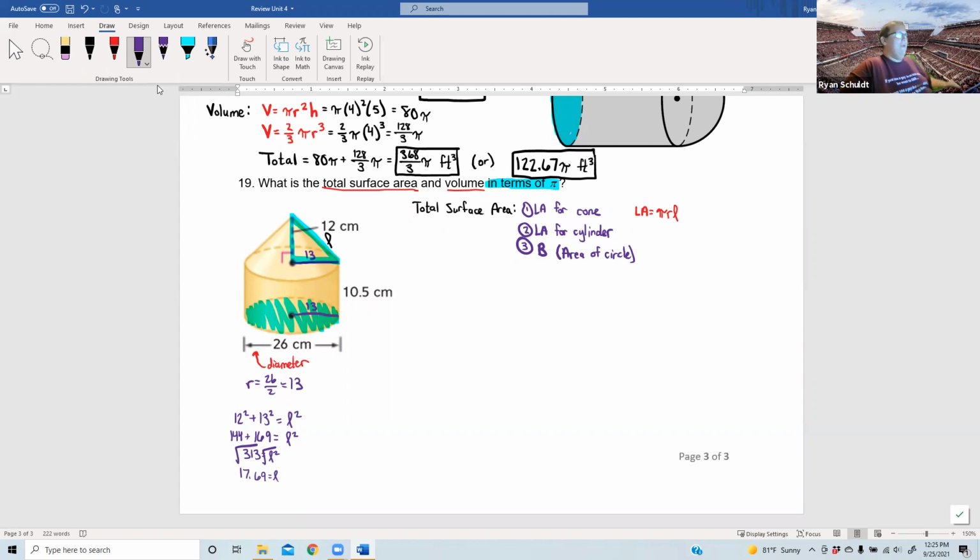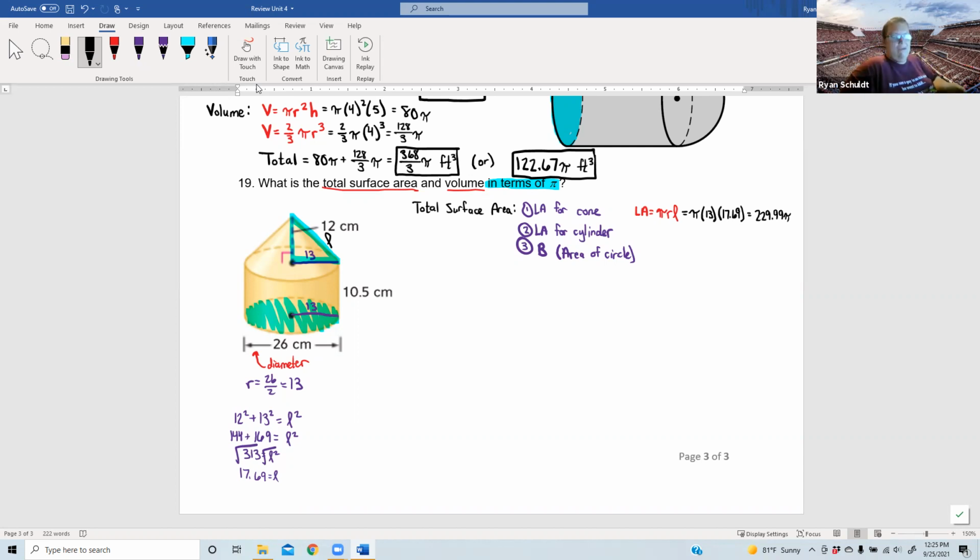We've got L, we have R. Now let's plug in. So pi times 13 times 17.69 gives us 229.99 pi.